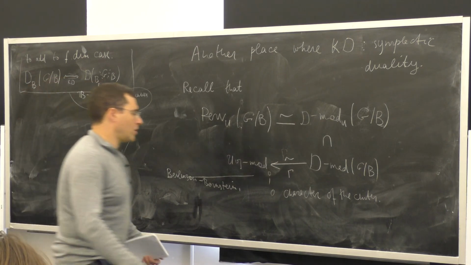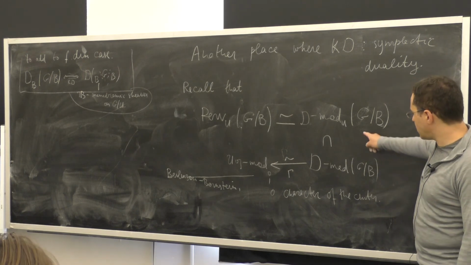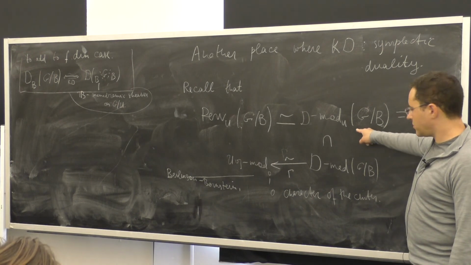And it's of course also well known which modules over U0 you get from U equivariant D modules.